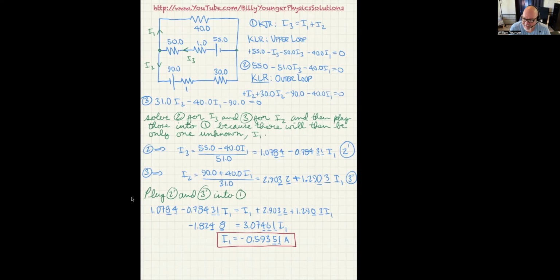So I've got to be careful about that. In this case, I added 1.0784 and negative 2.9032. Both of those are good to 2 decimal places, so I can round the result to 2 decimal places. That's why it's negative 1.82, and then the 4 and 8 are not significant.